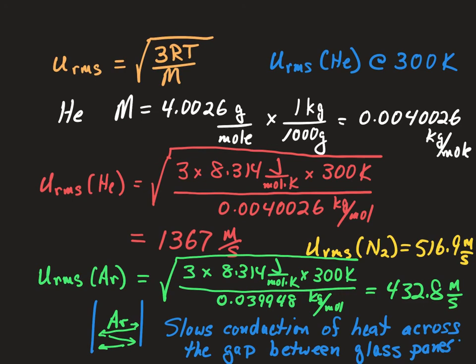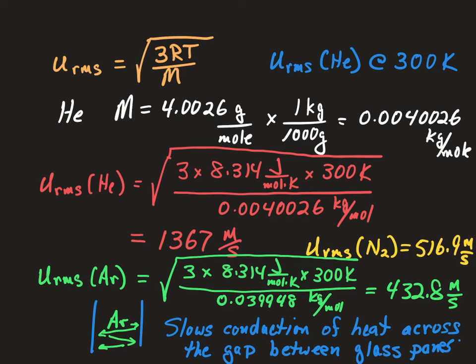Okay? And so that's one of the ways that we have improved the efficiency of windows. We create a gap. We put a slow-moving gas in the space between the two panes of glass. And the slower moving gas, because it has fewer collisions, has fewer opportunities to pick up heat on one side and transmit it to the other, and it slows the conduction of heat.